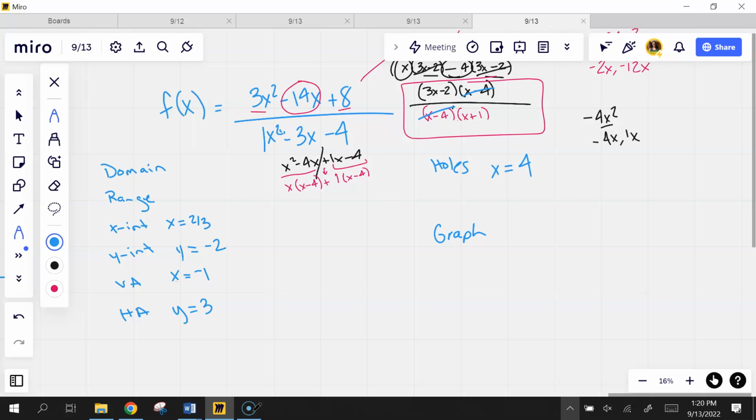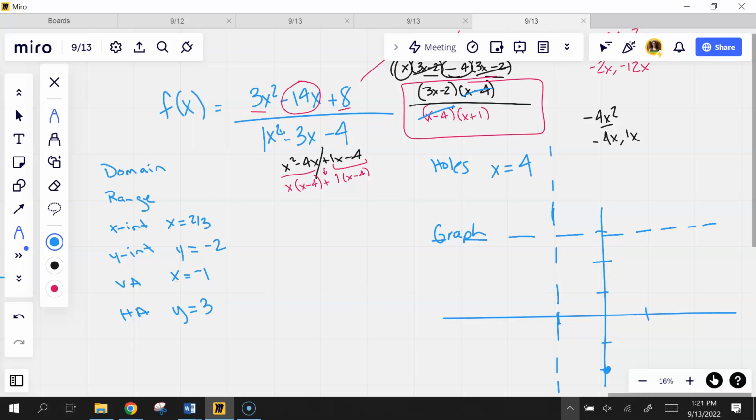I know that I have vertical asymptotes at -1, horizontal asymptote at 3, 1. I'll worry about my hole last. I always worry about my hole last. Y-intercept of -2, x-intercept of 2/3.